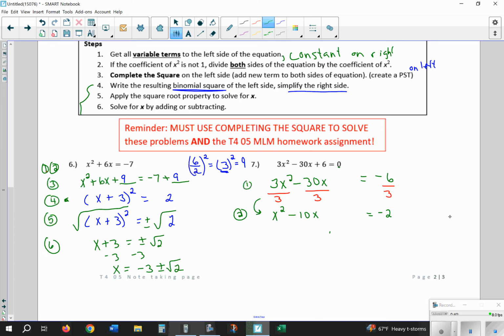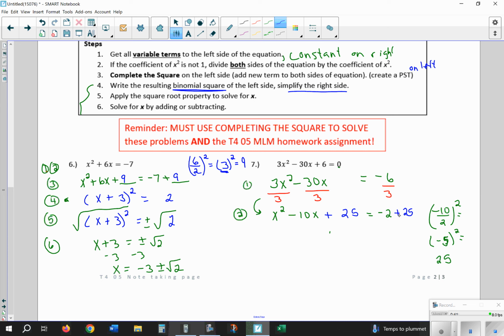Complete the square. So my magic number, I take the coefficient of the x term. I'm always taking half of it. I'm always squaring it. I always write it, the simplified part, in parentheses. I want to know what that number is before I get my magic number. Magic number gets added to both sides. I've kept my equation balanced.